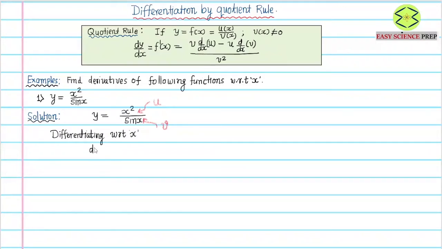So the derivative of y with respect to x is, first we write v, which is sin x, times derivative of u, that is x square, minus, then we write u, which is x square, times derivative of v, which is sin x, whole divided by the denominator square, which is sin x the whole squared.